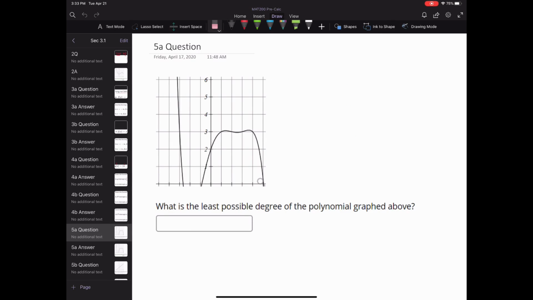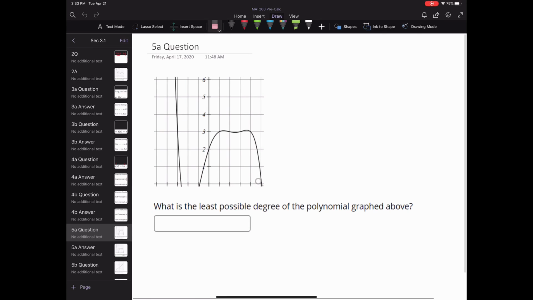Let's look at this one. What is the least possible degree of the polynomial graph above? Least possible degree. Well, let's see how many turns it has. So it has one turn down here. This is 2, 3, and 4 turns.